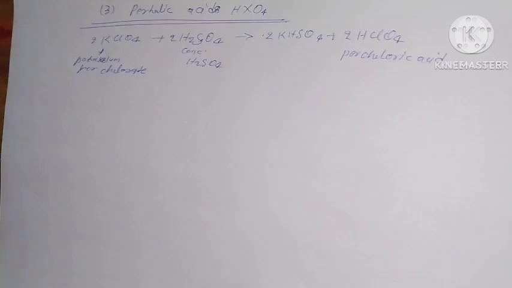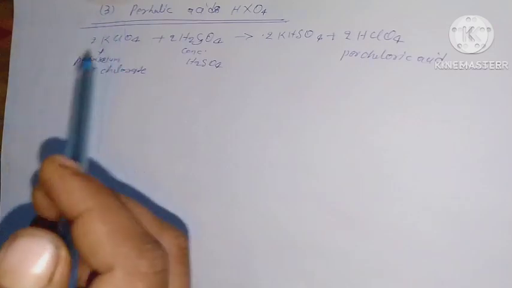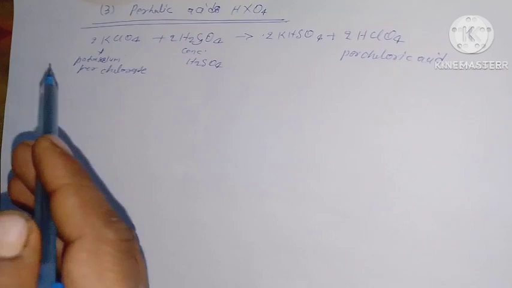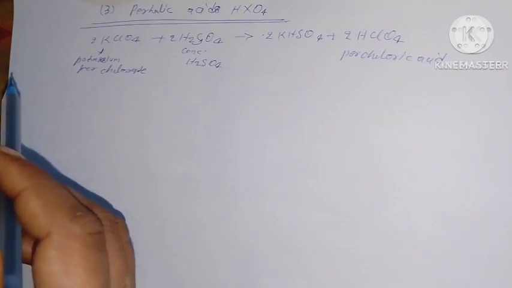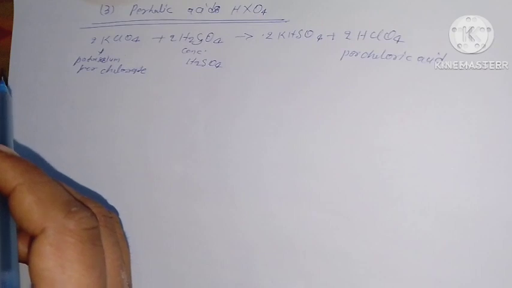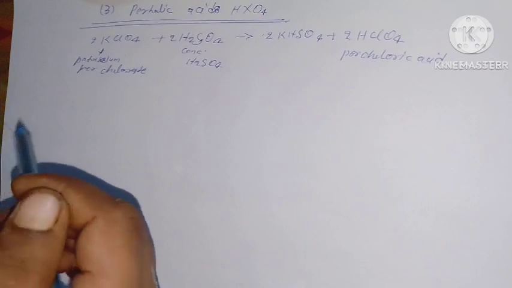Paraperiodic acid is prepared by action of chlorine on a suspension of silver mesoperiodate. Okay.